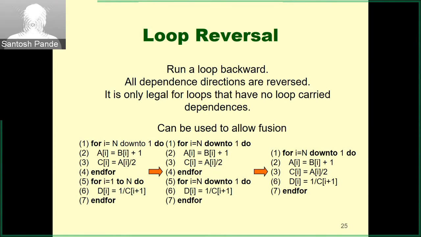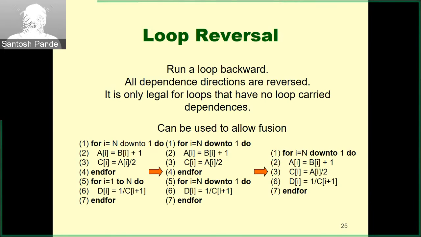As you know, look at these two loops, for example. The one down here is running in reverse mode, from n down to 1, and the one below is 1 to n.